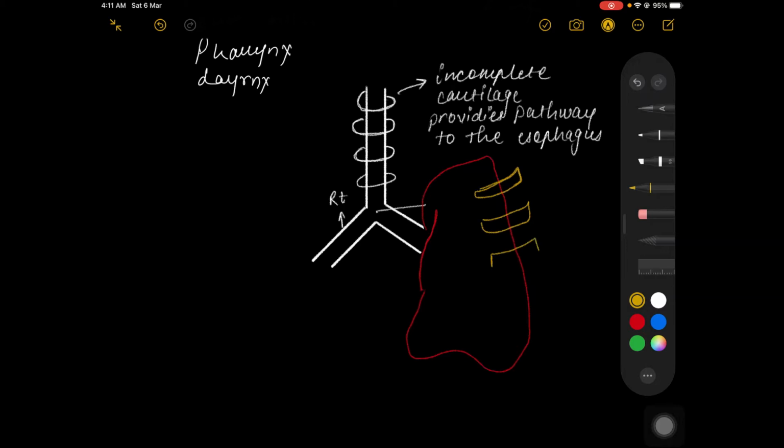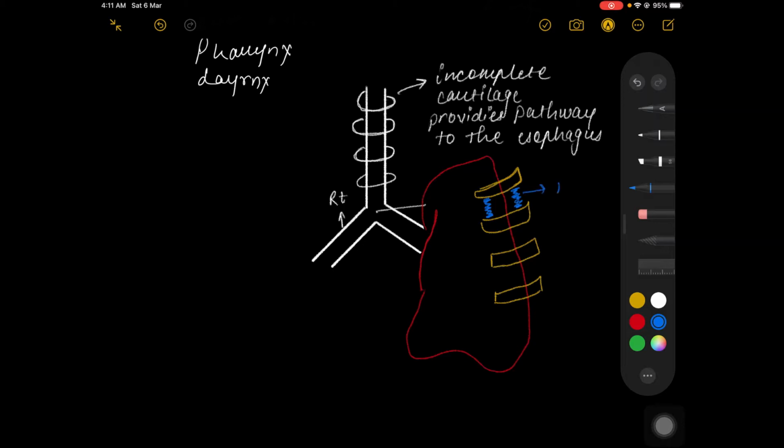These ribs provide the protective function as well as the respiratory functions, because between these ribs there are intercostal muscles. These intercostal muscles help in generating a pressure gradient, which further helps in breathing. Like it helps in taking the air inside and throwing that air out. Basically, it helps in inspiration and expiration.